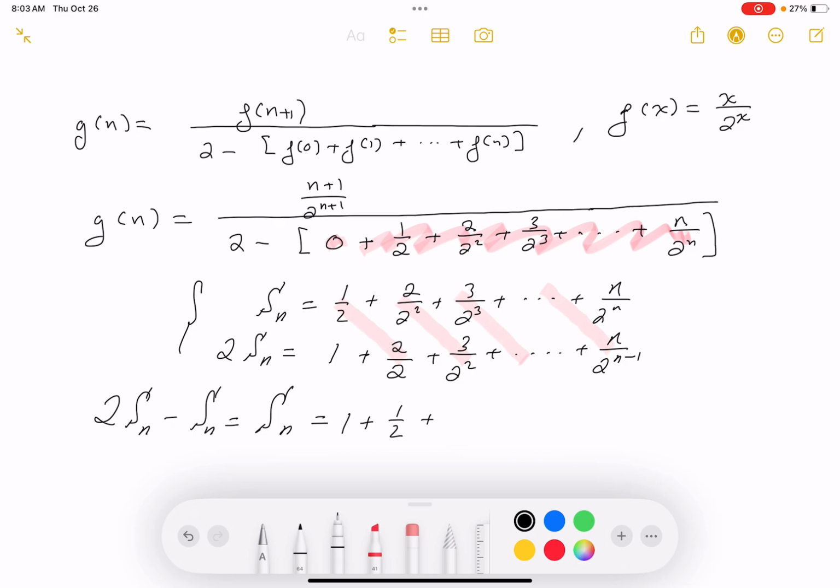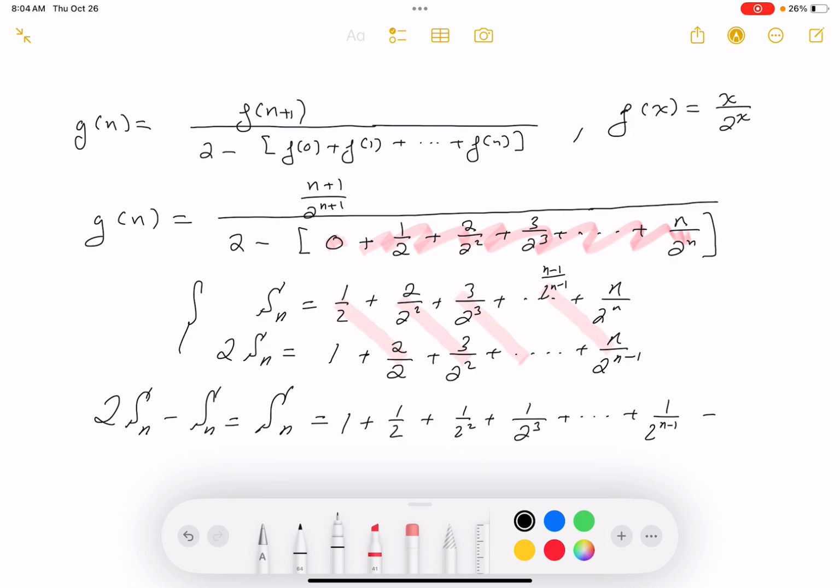And then I'd get 3 over 2 squared minus 2 over 2 squared, which is 1 over 2 squared. And then, hope you realize, the next one would be, although not written down, 1 over 2 cubed plus yada, yada, yada. And I'm on the last guy, and this would be n minus 1 over 2 to the n minus 1. And if you did that subtraction, you get n minus n plus 1, so it would be 1 over 2 to the n minus 1.